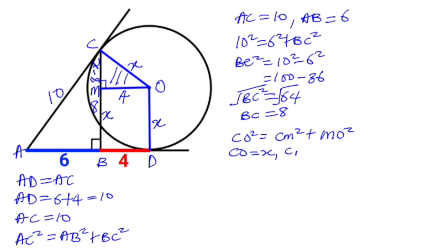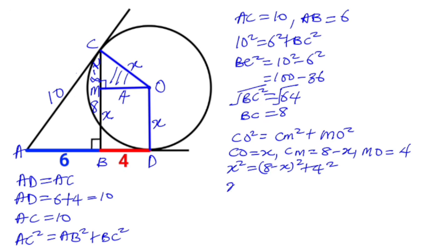CM is equal to 8 minus x. And MO is equal to 4. Substituting these values in the above expression will give us x squared is equal to (8 minus x) squared plus 4 squared.